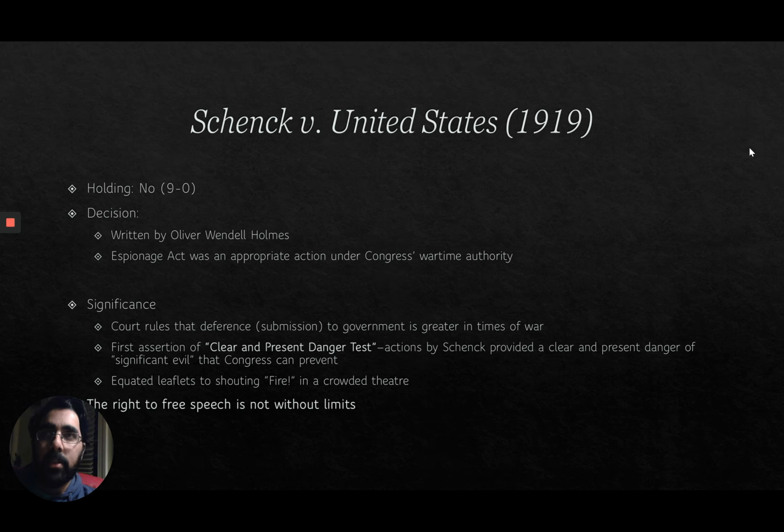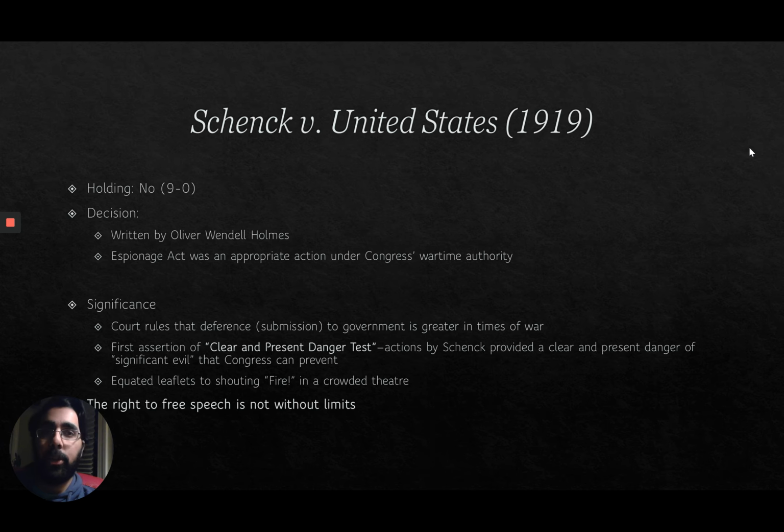Basically, this means, right, does the action present a danger to the United States as a whole, right, against national security, you could even say. So the actions by Schenck, according to Holmes and the Supreme Court, provide a clear and present danger of a significant evil that Congress can prevent through these acts by saying, look, don't go for the draft, by comparing it to slavery, by saying that people should exercise their freedoms and their rights.